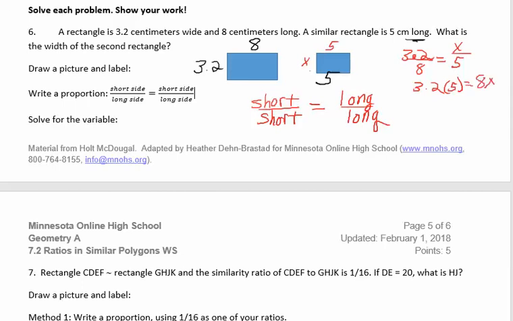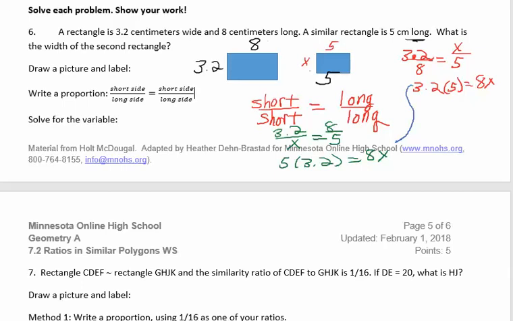Let's look at if I had set it up the other way. If I had done short side over short side, I'd have 3.2 over x is equal to 8 over 5. Then I'm going to solve by cross products are equal, so I would have 5 times 3.2 is equal to 8x. Now look at these two equations that you have to find your variable.